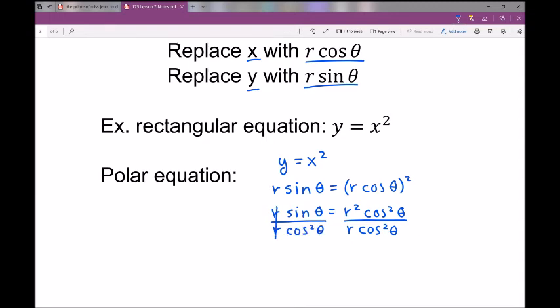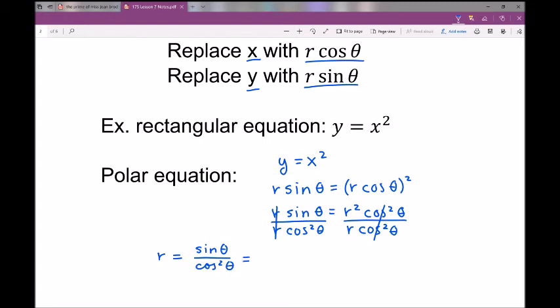Now on the left side, the r's cancel out, and on the right side, the cosine squareds cancel out. If we do r squared divided by r, that gives us r. So r is equal to sine theta over cosine squared theta. We can simplify this a little further.